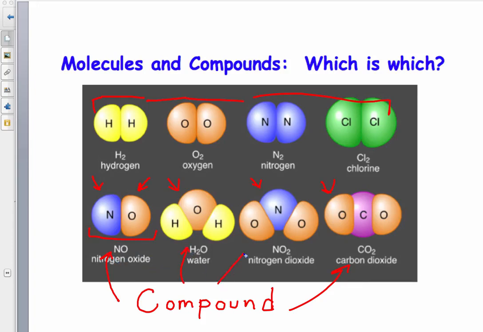However, these guys up here, these are molecules, but we actually call them diatomic molecules. These are molecules that make up particles that are only made up of one element.